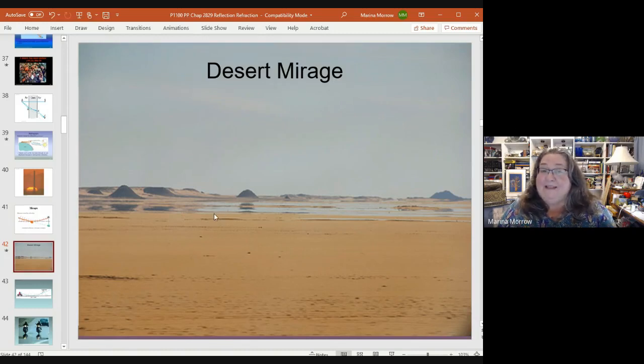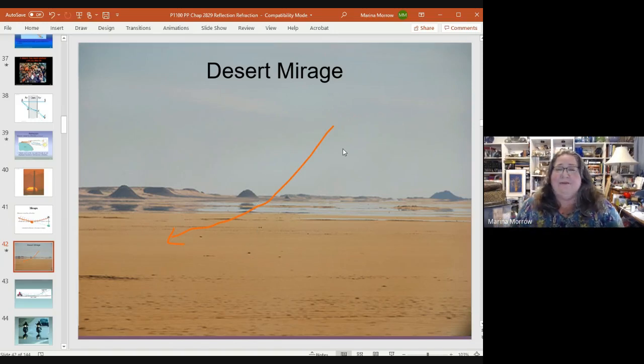Well, that's not water. That is actually an image of the sky, which reflected up and into the eyes of the person looking out. And so this is extremely dangerous. In the pioneer days, when people would cross the desert, some people would leave the trail because they thought they saw water out in the desert, but it wasn't water.